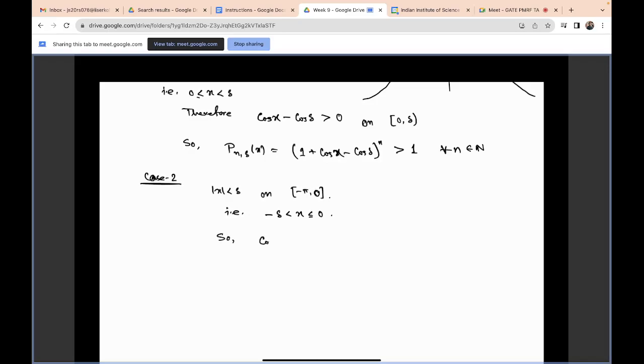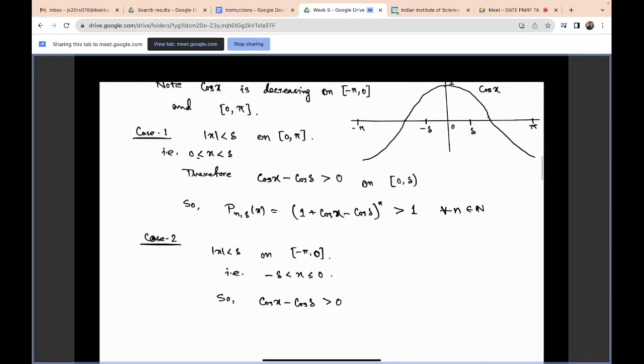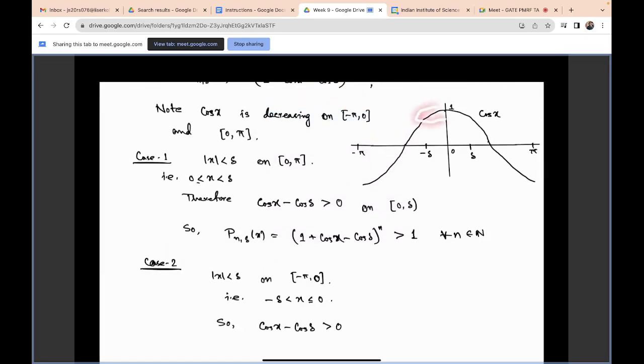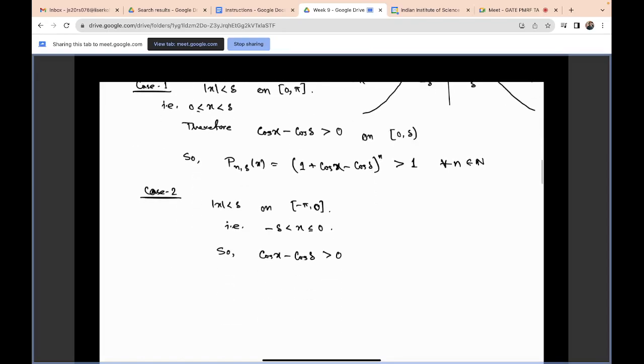Therefore we have cos x minus cos delta again positive, because in this range cos x is bigger than cos of minus delta, right? So this is also positive on minus delta to 0.